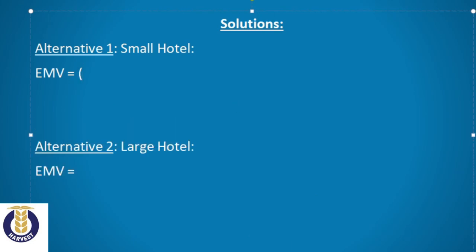Now for the small hotel we get 0.5 times 160 million plus 0.5 times 800 million.